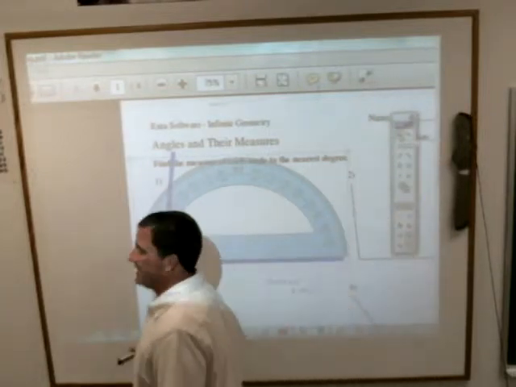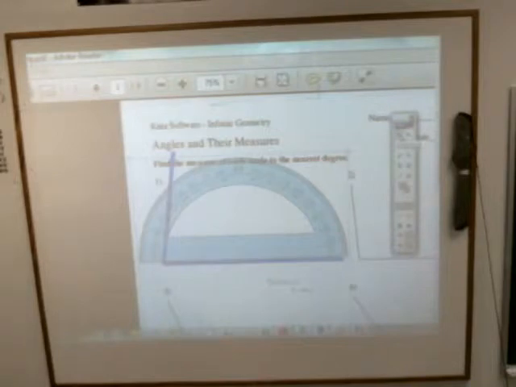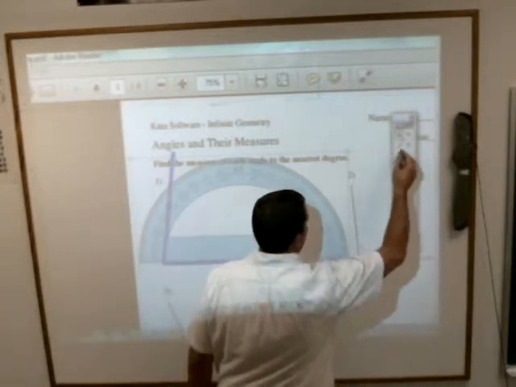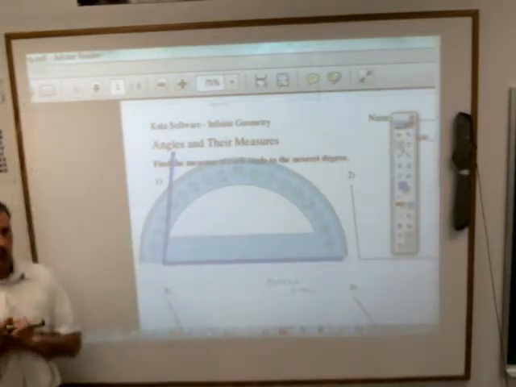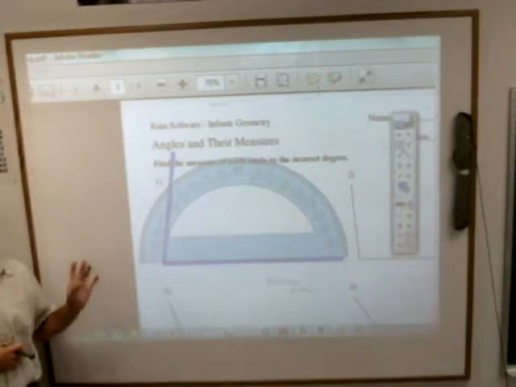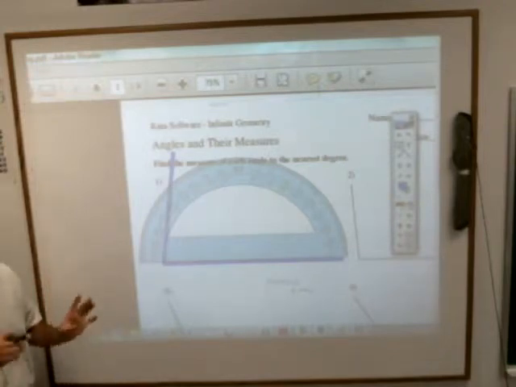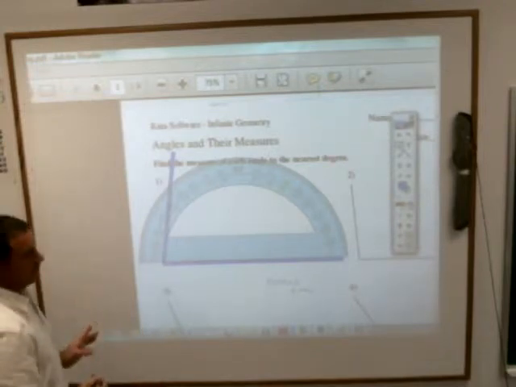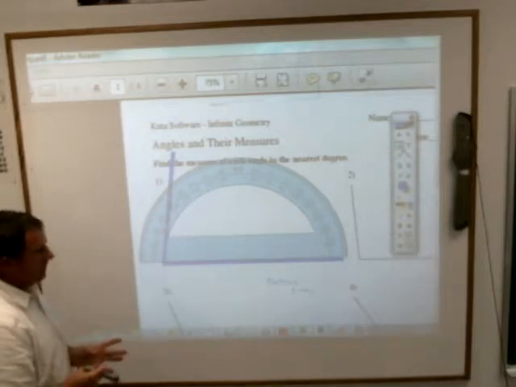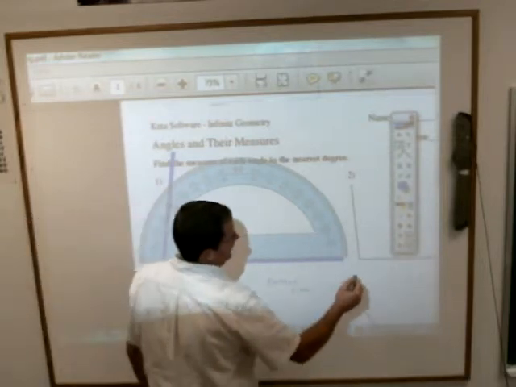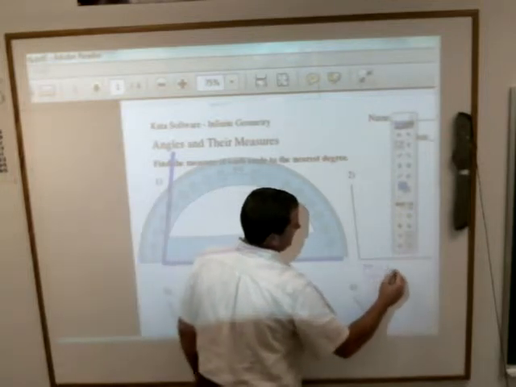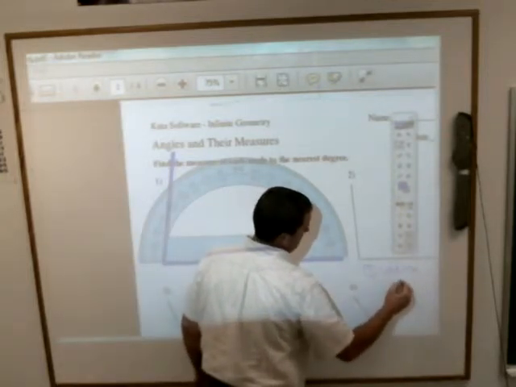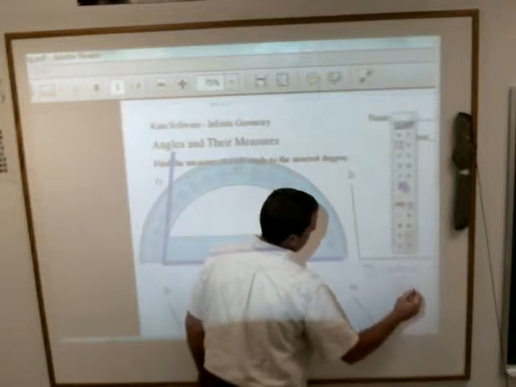All right, you can stop there and follow along with me, please. Are you ready? Okay. Please understand, ladies and gentlemen, that you can measure this angle in two different ways. You can put your protractor on here in a couple different places and it'll still work. But step number one is you need to put the vertex of the angle in the little hole of your protractor, or whatever you have.